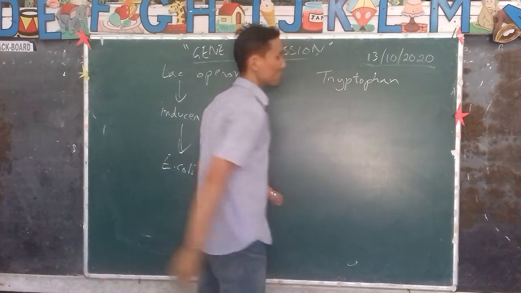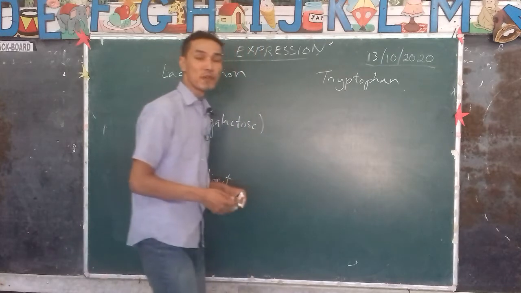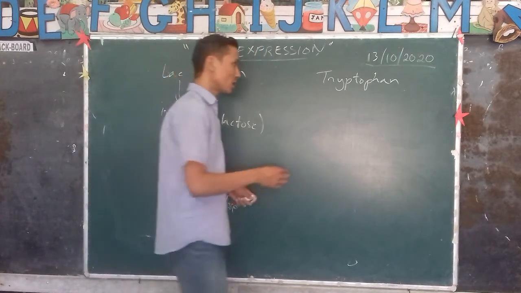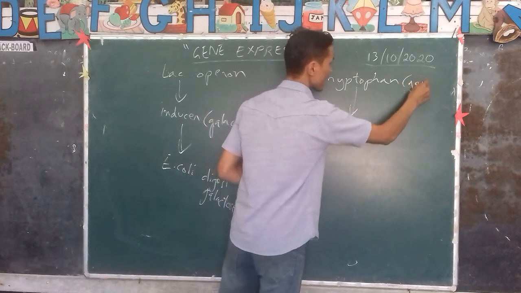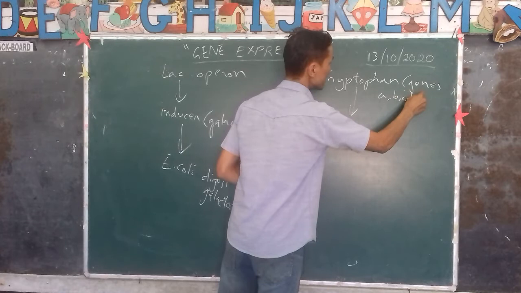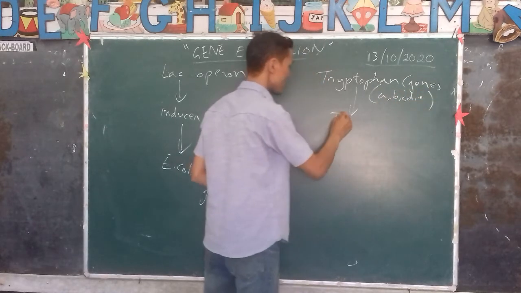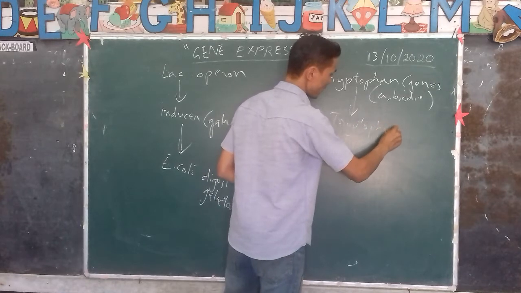The other example, tryptophan, belongs to a repressible system. That means tryptophan is an amino acid which is required for various metabolic functions. The tryptophan genes A, B, C, D, E were producing tryptophan.